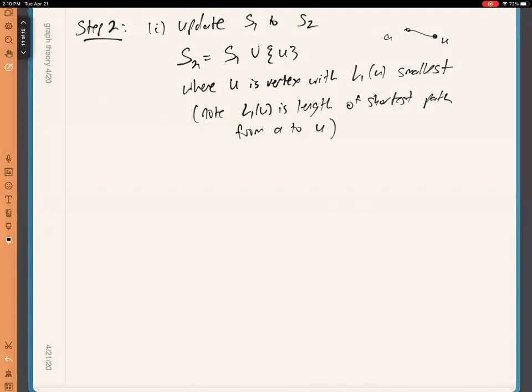But what's going to turn out, which is something we'll prove later, is that as soon as you add a vertex to the set S, the label actually tells you the length of the shortest path from A to that vertex, which is why this algorithm works. Right, and so that's how you update the set S, and then what you want to do is update the labels.